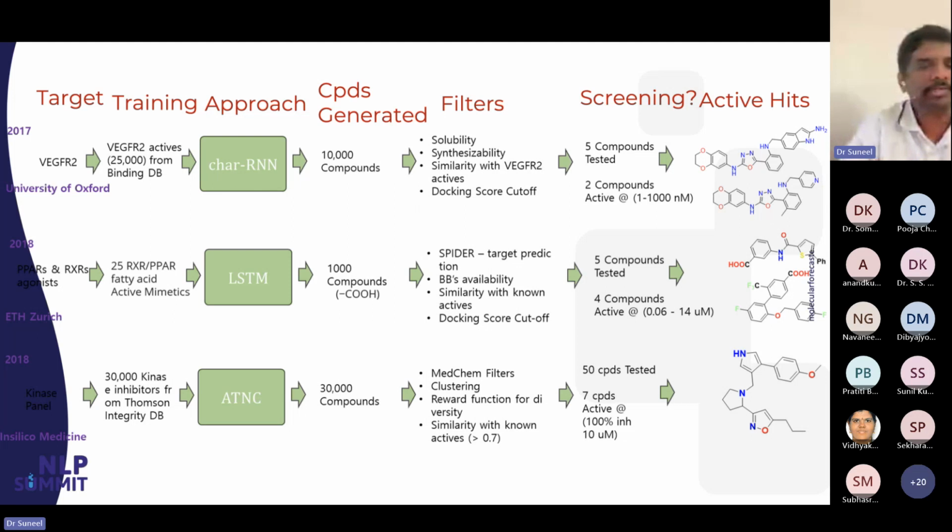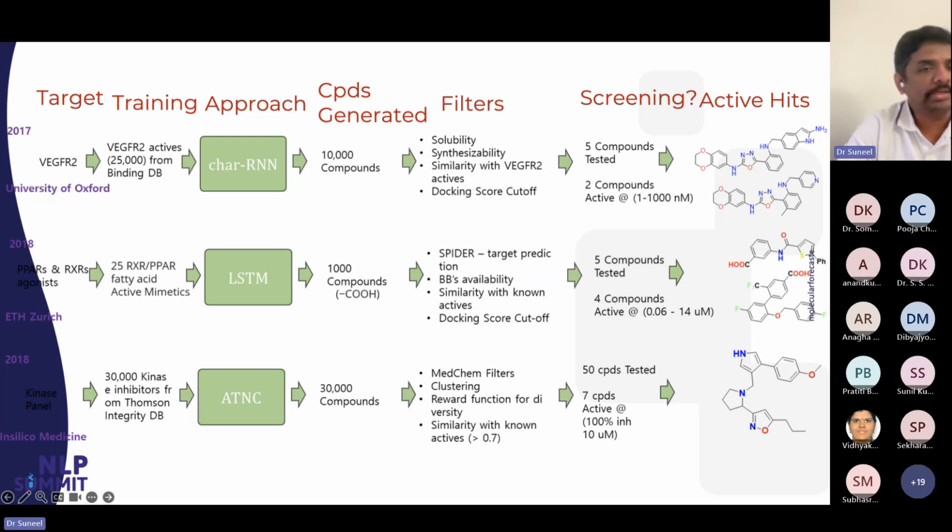To address all these questions, I've made a comparison here. Out of these three success stories, published by different research groups from the University of Oxford, Jüries or Insilico Medicine, you can see the data set. In the first case, they trained on 25,000 compounds as a focused prior, whereas the second case is only 25 compounds, and the third case 30,000 compounds. So it worked.